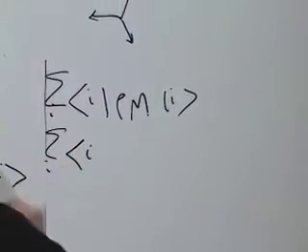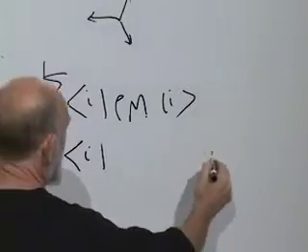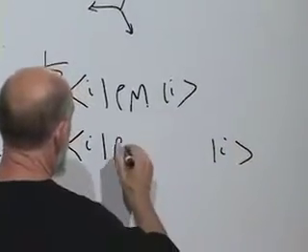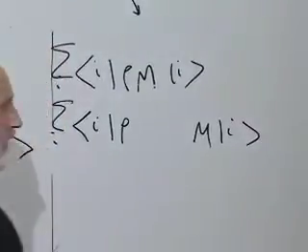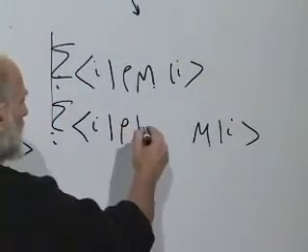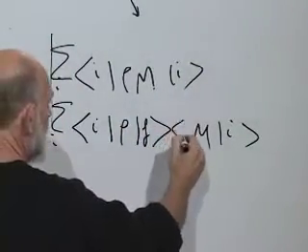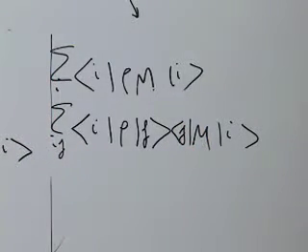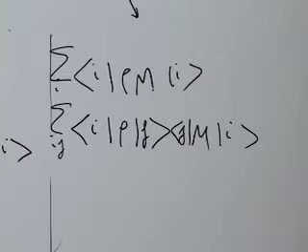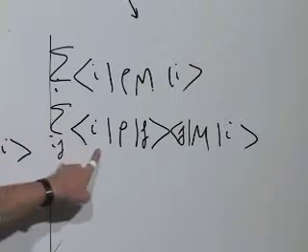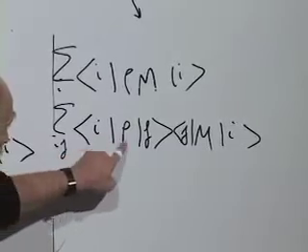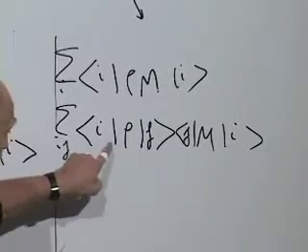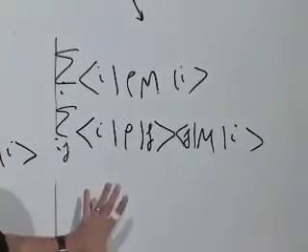Sum on I, <I| rho |j><j| M |I>, where I'm inserting a sum over j. And now it's a sum over both I and j. Now, if I'm working in the basis in which rho is diagonal, then I know what the matrix element <I| rho |j> is.